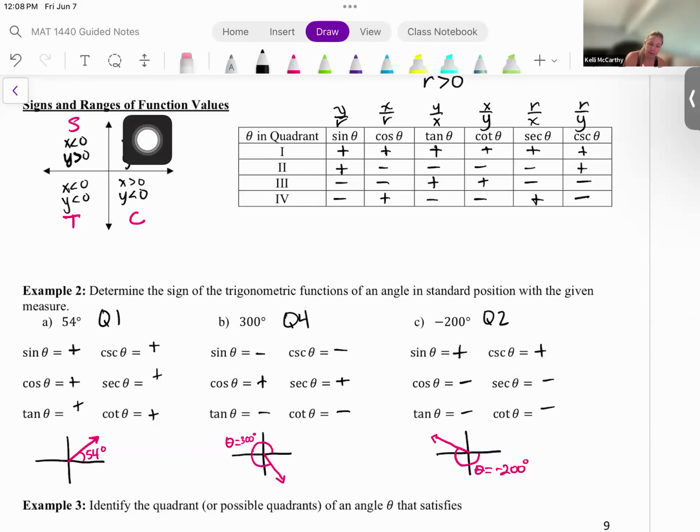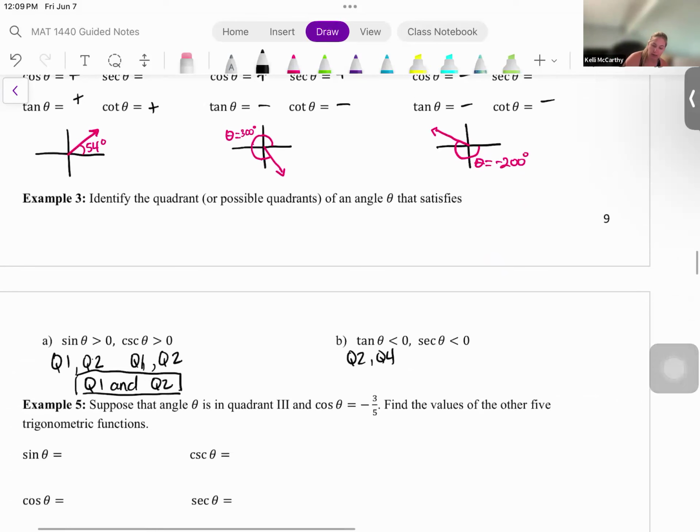It is positive in the first and the fourth quadrant, which means the second and the third quadrant are where cosine is going to be negative. If cosine is negative, that means secant is also going to be negative. Since we need to satisfy both of these, the only quadrant that satisfies both is Q2. So only in quadrant 2 would we have a negative value of tangent and a negative value for secant.